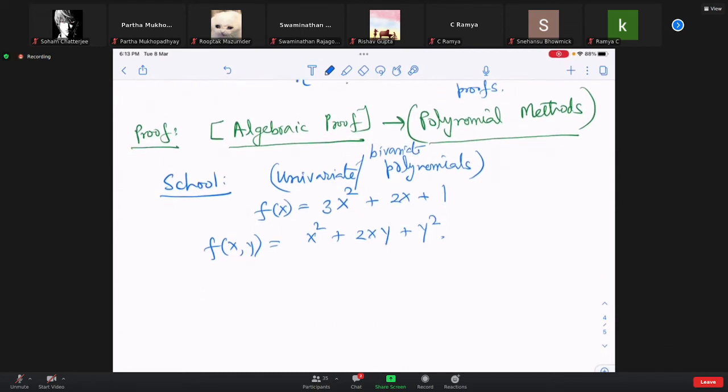They could be multivariate. For example, you can have n variables, x1, x2, and so on. Have you seen these multivariate polynomials in any of your algebra courses? In any situation? Have you encountered them, played with them? I don't think so. Okay. There's nothing fancy about it. Instead of having 2 variables, you can have n variables.